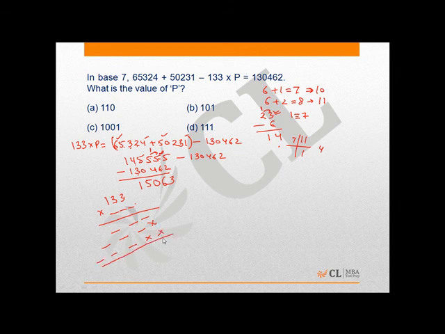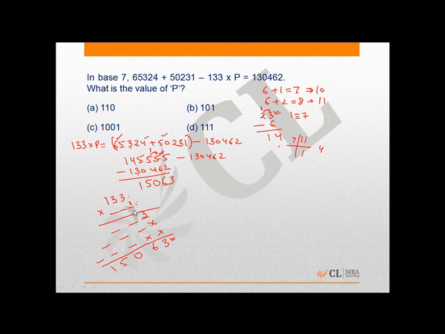And eventually you should get 15063. Now because this is 3, this number has to be 3. And you will get this number when you multiply this 3 by this one. So this has to be 1.